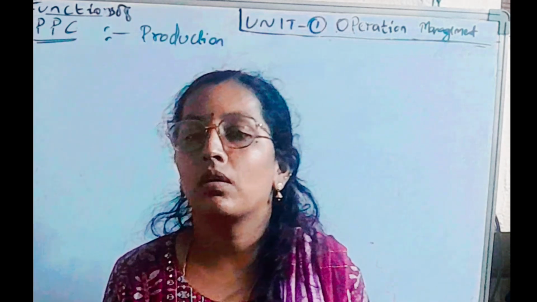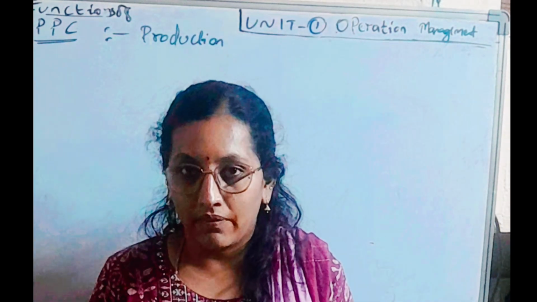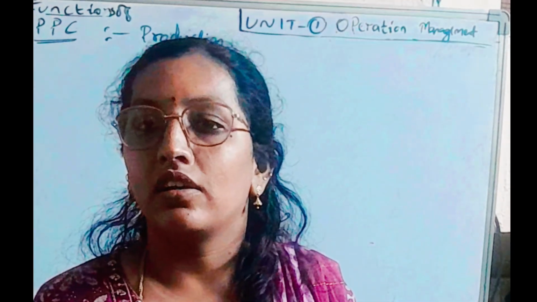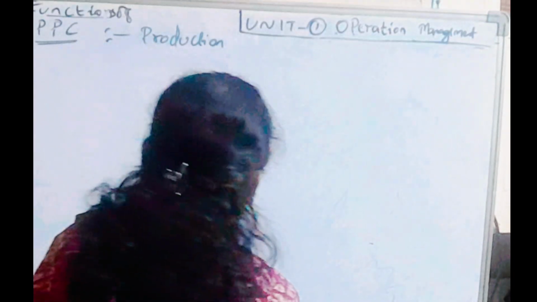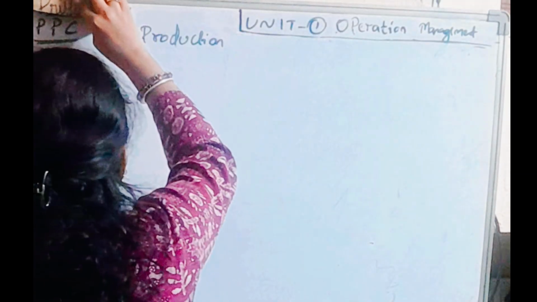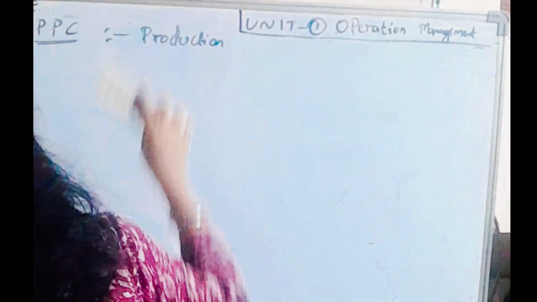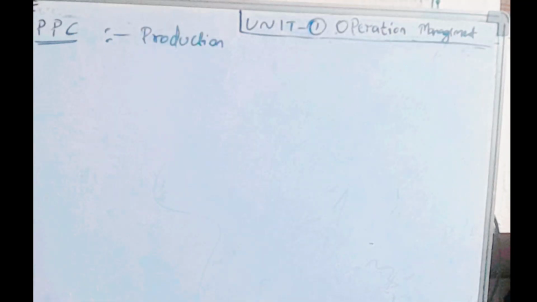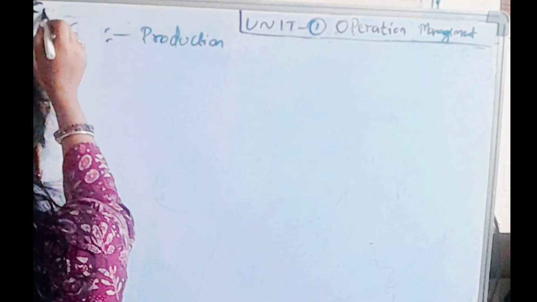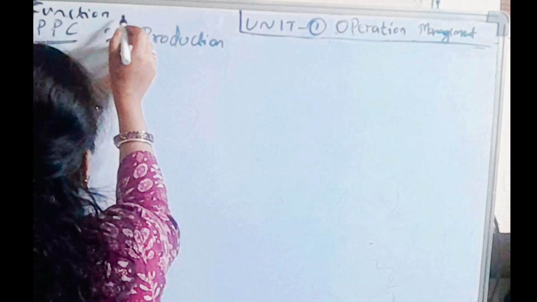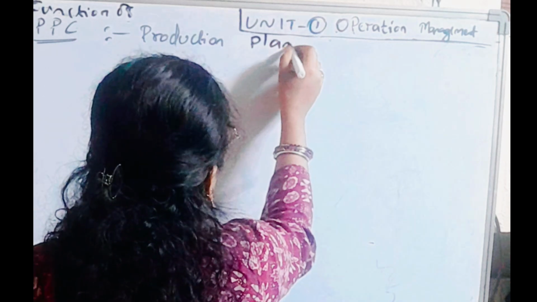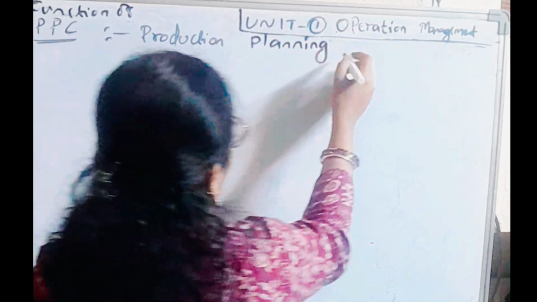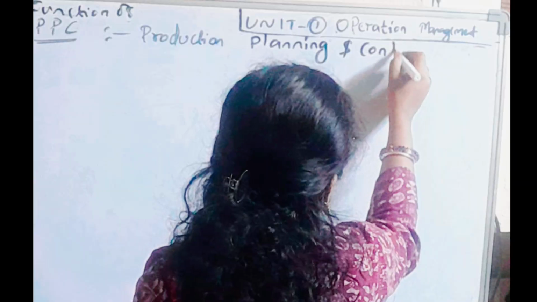PPC stands for production planning and controlling. What are the functions that it is going to do? Functions of PPC: production planning and controlling.